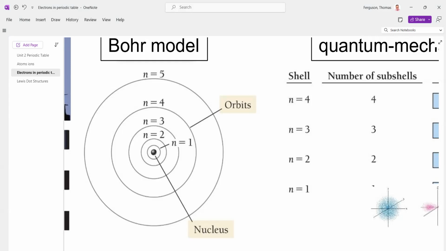Now, there were some issues with his model. Whenever you take something and change its direction, it requires a force. When you take physics, there's an equation called F equals ma. F is force, m is mass, and a is acceleration.